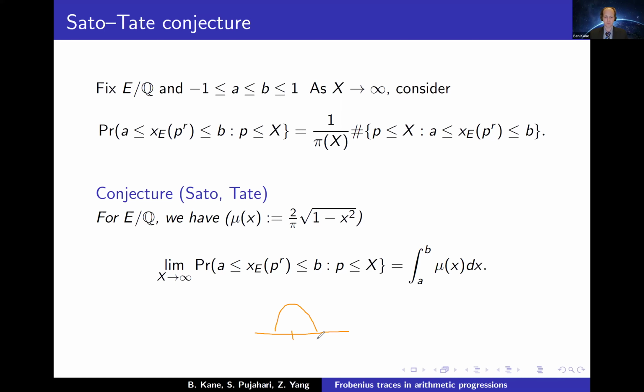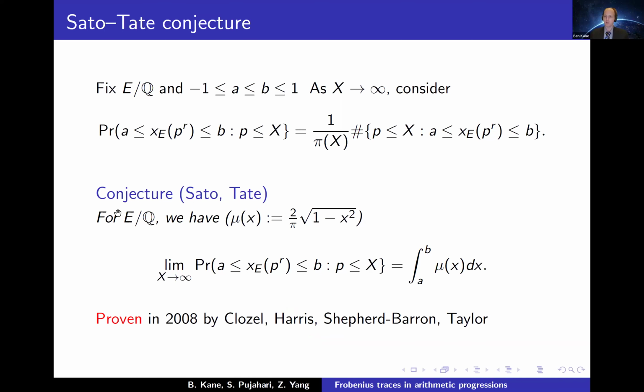So 0, 1, -1, and it's exactly a semicircle. So the area under the curve is just the integral. And this should converge, proven by Harris, Shepherd-Barron, Taylor. Perhaps others played an important role in this.